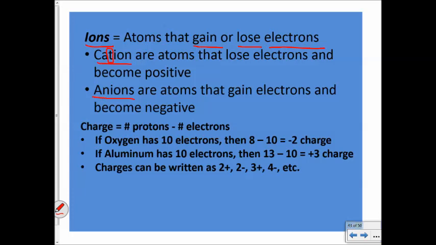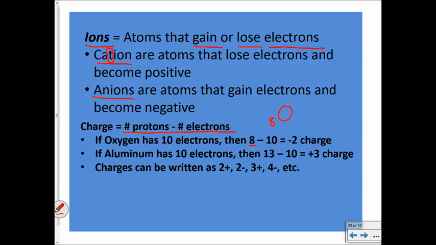So for example, you can always figure out the charge if you do the protons minus the electrons. If they give you the electrons, you can just subtract it and figure it out. But say I have an oxygen atom. If I look at my periodic table, I know that oxygen is going to have 8 protons.